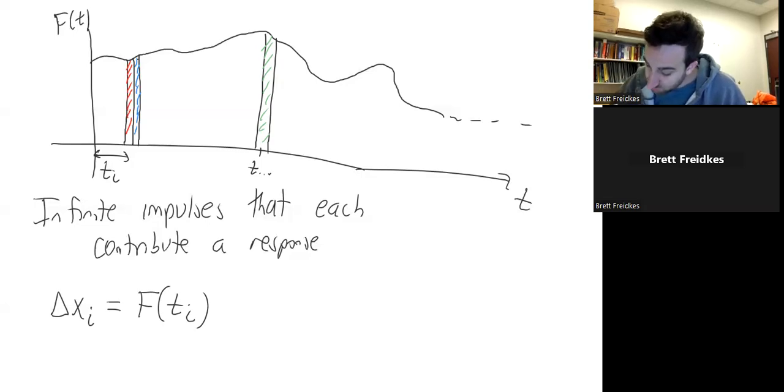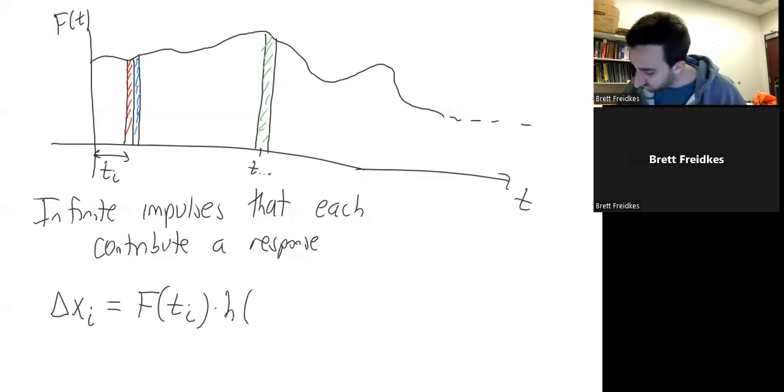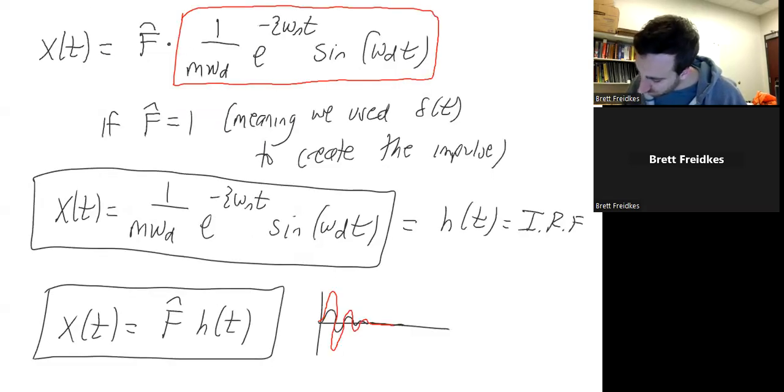So this change of position is going to be the impulse multiplied by the impulse response function. But the impulse response function, if we come back to it, this is our impulse response function here. This is assuming that we have applied the impulse at t equals 0. Basically, when I hit it at the beginning of the problem, t equals 0, we get some response afterwards.